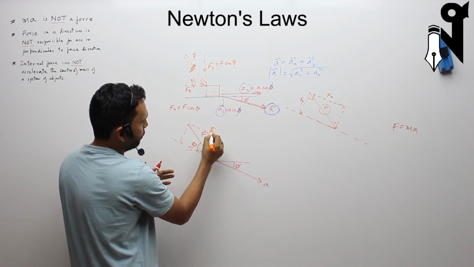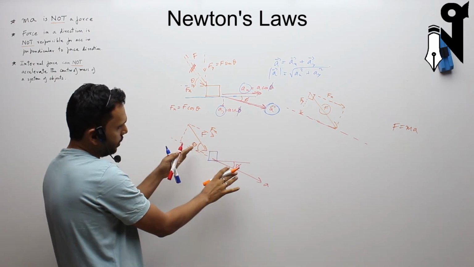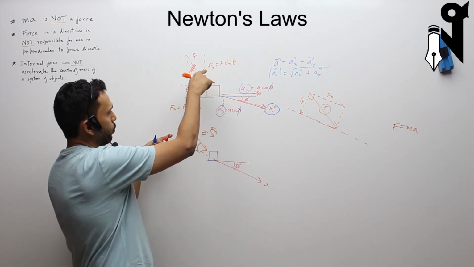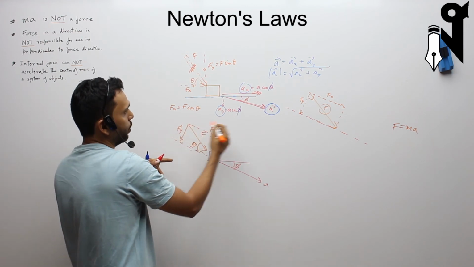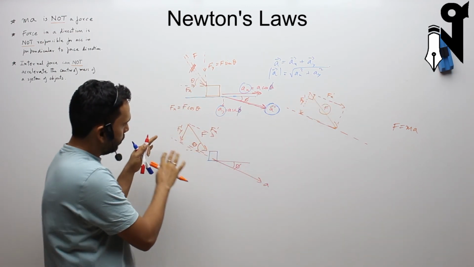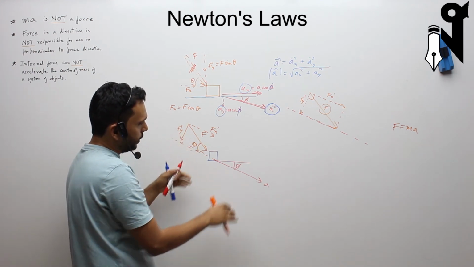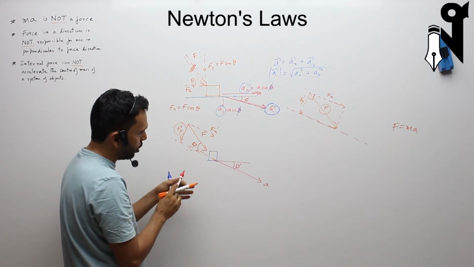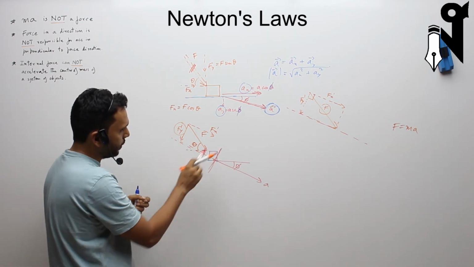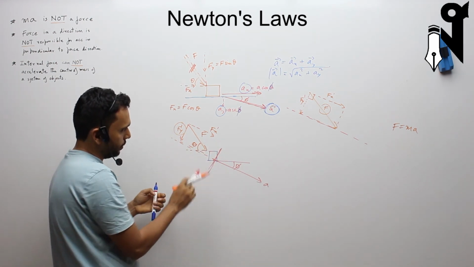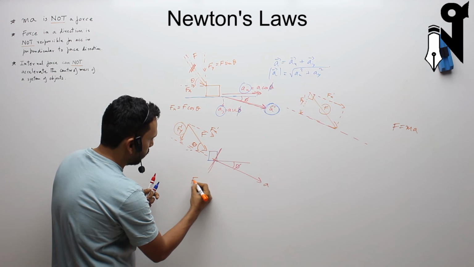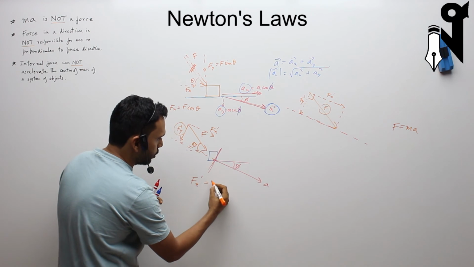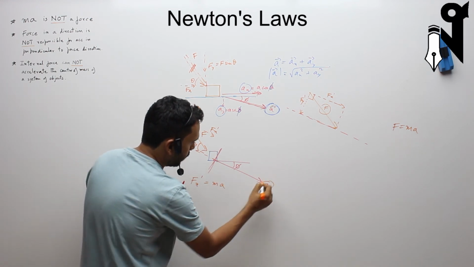So your fx along the direction of acceleration and fy, this is not the same fx and fy as over there, I'll write as f dash x, f dash y, which is 90 degrees to the direction. So what happens over here is fy dash is not responsible for any acceleration. The body is not going in this direction at all. So fy dash is not responsible for a motion in that direction. So what we'll have over here is your fx dash, which is the forward direction component, is the only one responsible for the acceleration a in that direction.